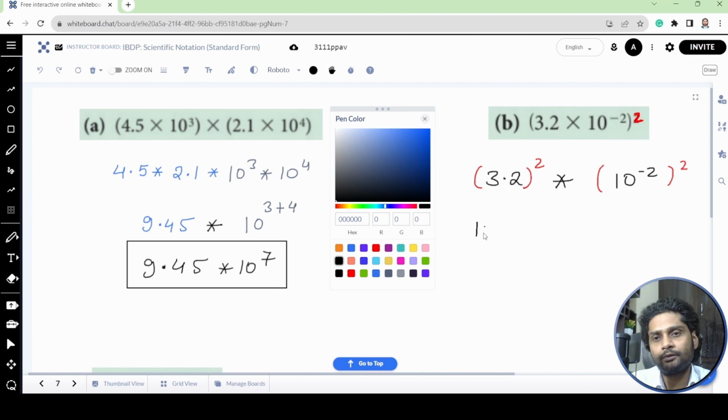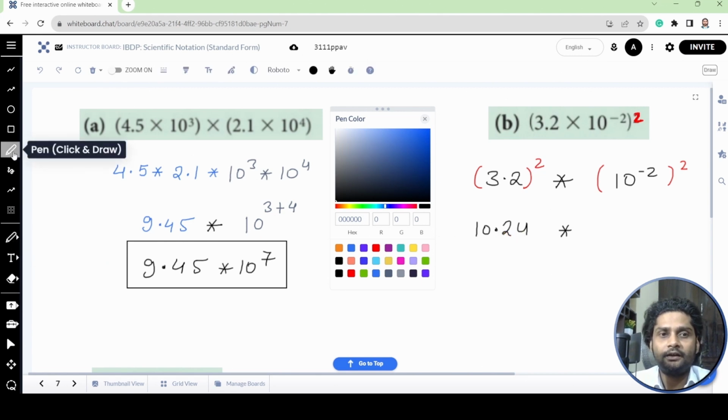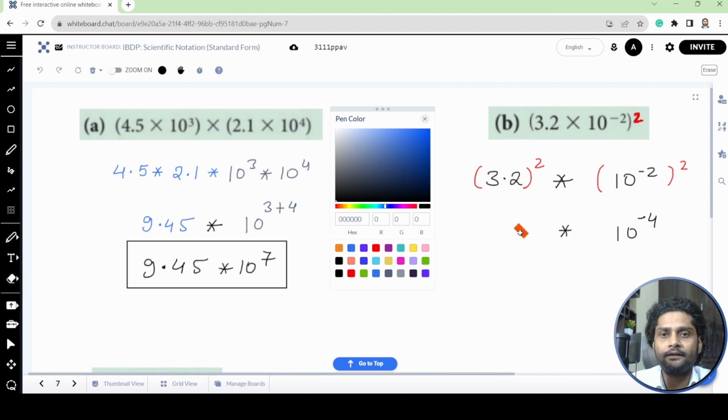We get 10.24. At the same time, we have an exponent of an exponent. And students, when we have a power of a power, we have to multiply them. So it becomes negative 2 times 2, so we can write it as 10 raised to the power of negative 4.